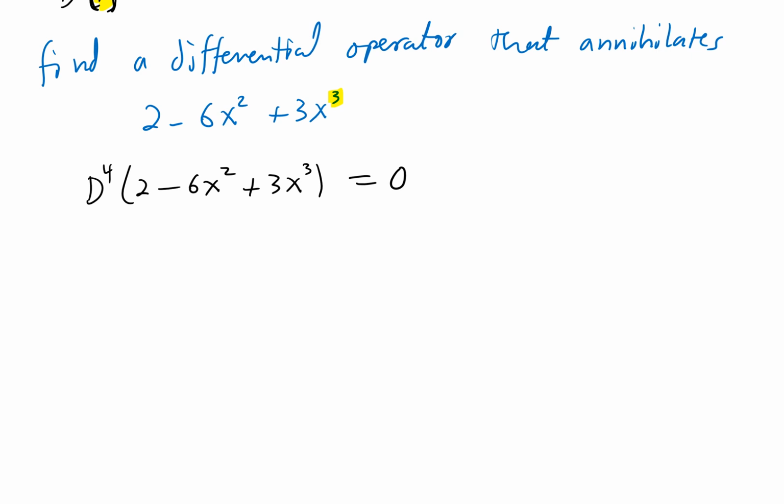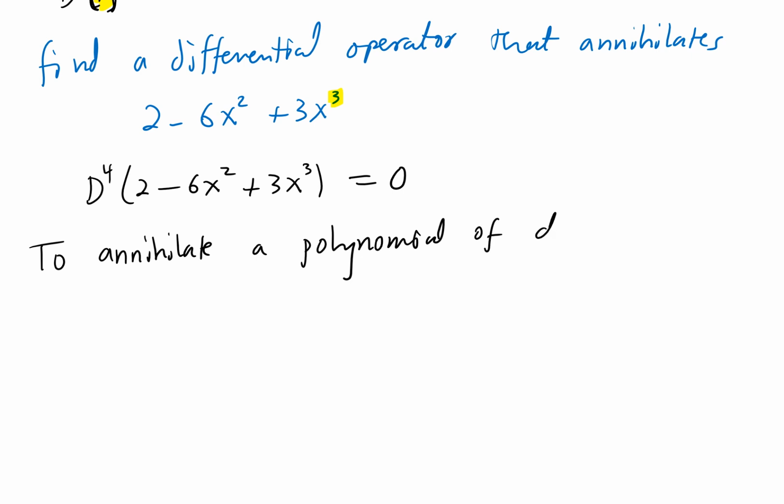In general, to annihilate a polynomial of degree n minus 1, we use D to the n. It's one more than the degree of the polynomial.